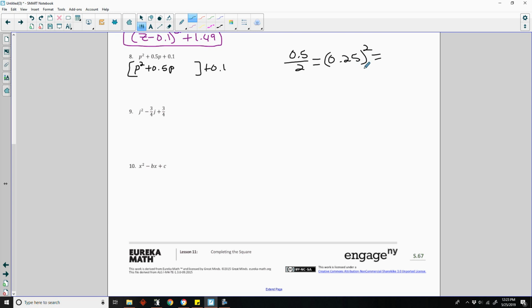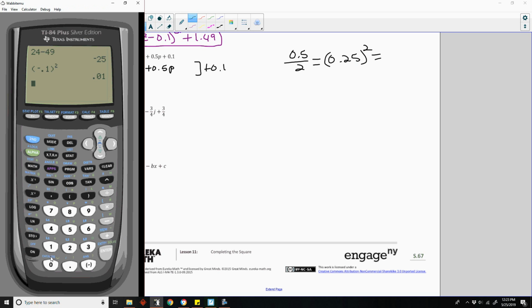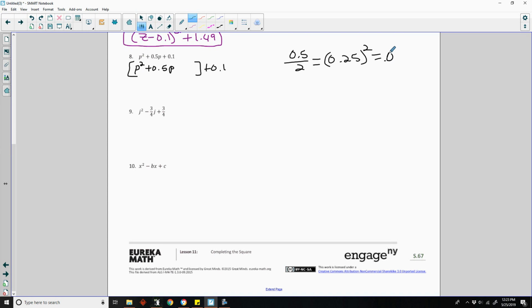0.25 times 0.25 is 0.0625, 4 decimal places, 0.0625.